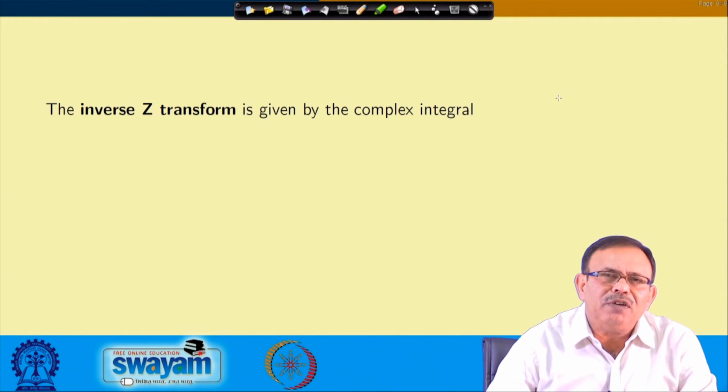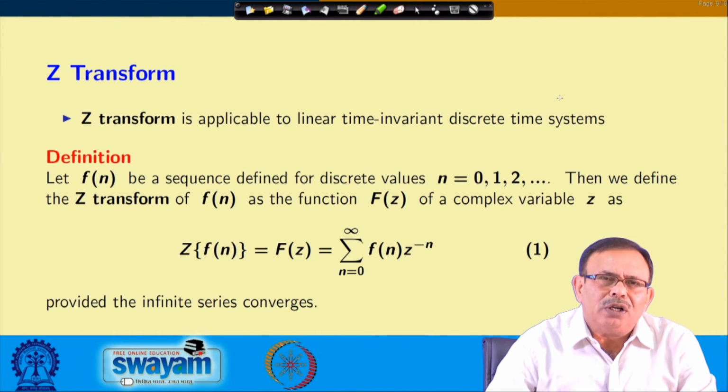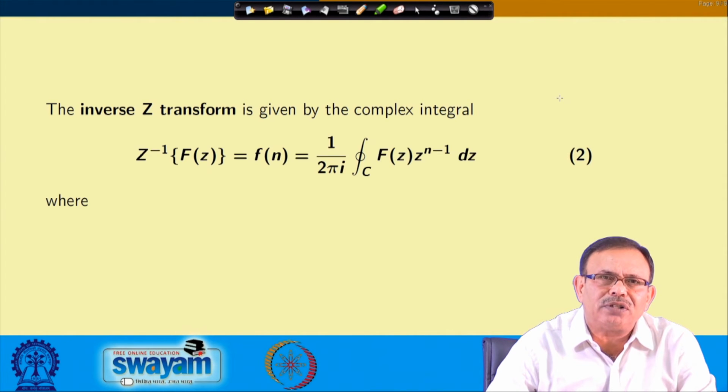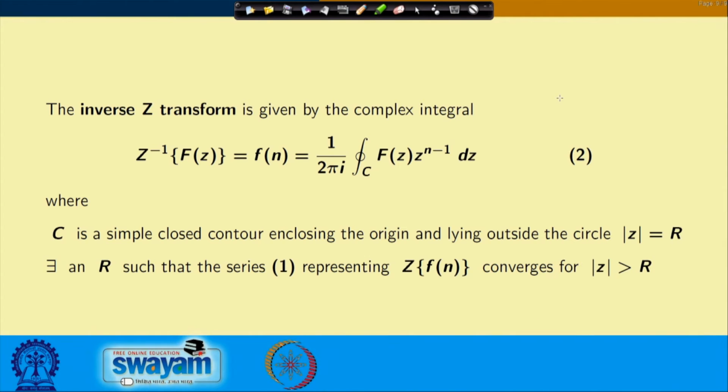Now, the inverse Z transform, of course, will come as a complex integral, because if you see here, we have F z, where z is a complex variable. So, therefore, the inverse Z transform is given by the complex integral: Z inverse of F z, which equals f n, equals 1 by 2 pi i, integral over c of F z z to the power n minus 1.